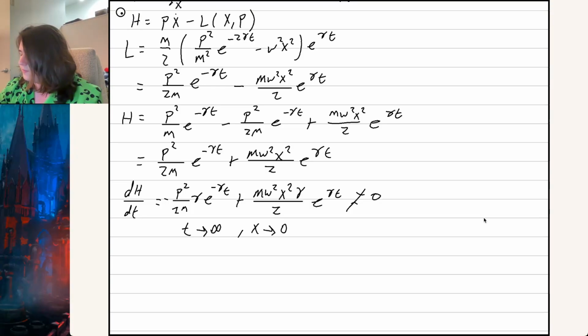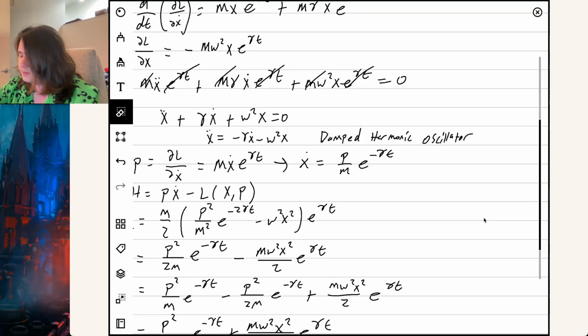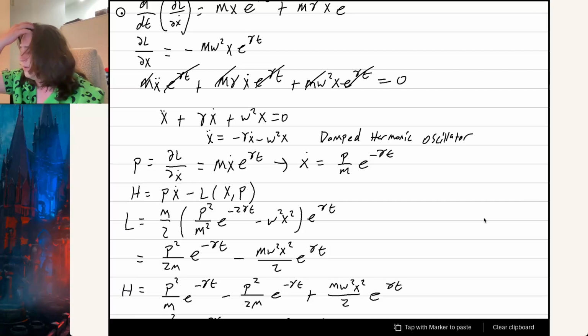You can justify that by just looking at the equation of motion that we solved for earlier, right here. If you just set x equal to 0 and x dot equal to 0, then you'll just have x double dot equal to 0. So you don't have any acceleration, initial velocity, or position, so you're just staying still.